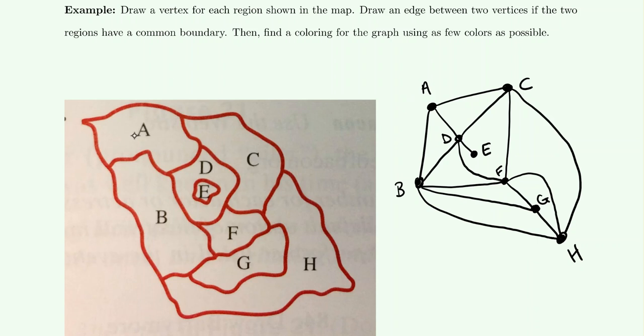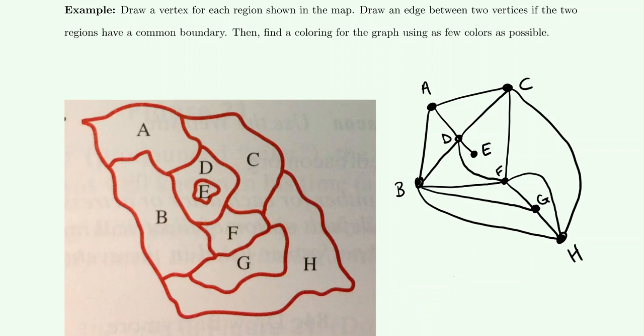So for instance, A shares a border with C. We show that by making an edge between A and C. A shares a border with D and with B. Take a moment to pause and verify for yourself that this map is equivalent to this graph, if we let every country be represented by a vertex and shared borders represent an edge between the 2 countries.